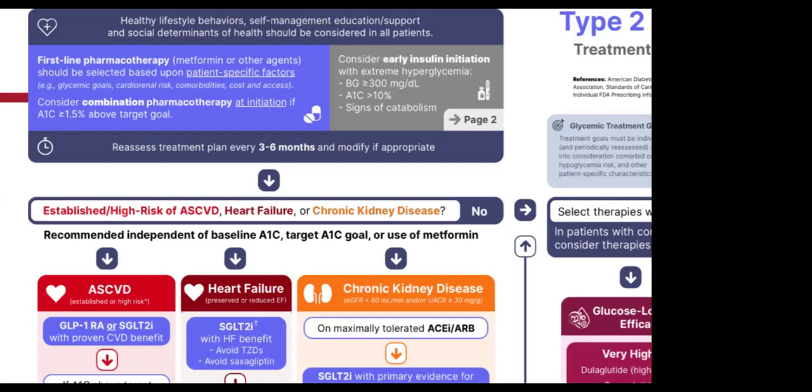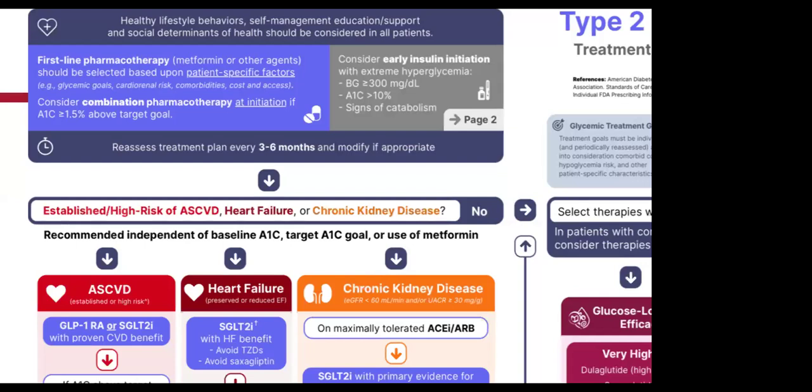If the A1C is greater than 1.5 above the target, and our target for most patients is less than 7, so if they come in with an A1C greater than or equal to 8.5, then you can consider combination therapy.